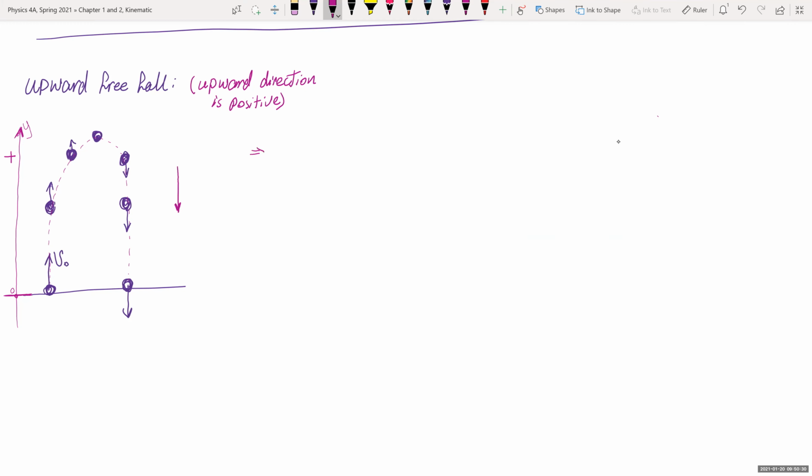So if I am going to write my equations, pay attention here. The first equation is V equals gt plus v naught. Please put a space between equals and g. Y equals one half g t squared plus v naught t plus y naught.